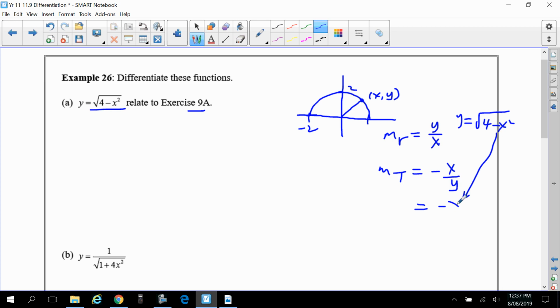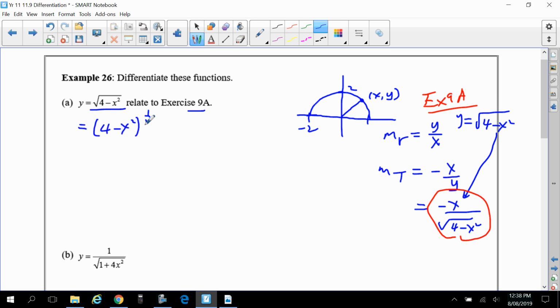That's from exercise 9. And now, you're not recommended to do this. This is just there to give you something extra to do. So this is the exercise 9a method. Now you can see where that comes from, using the chain rule. So everything relates, right? So let's use the chain rule dy on dx. So you take the half down, 4 minus x squared, negative half.